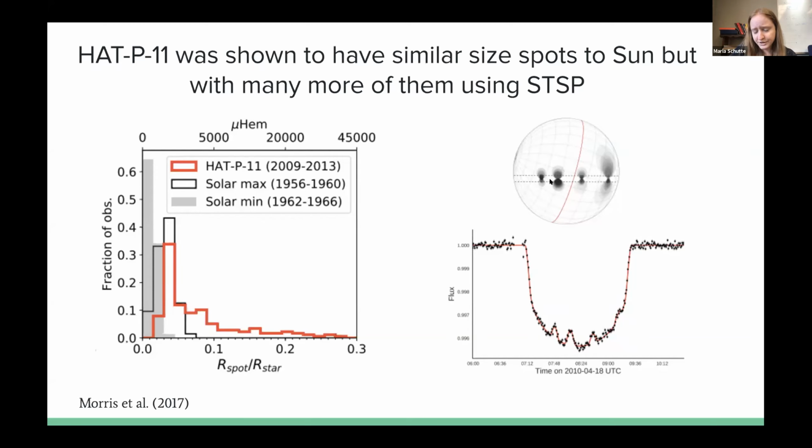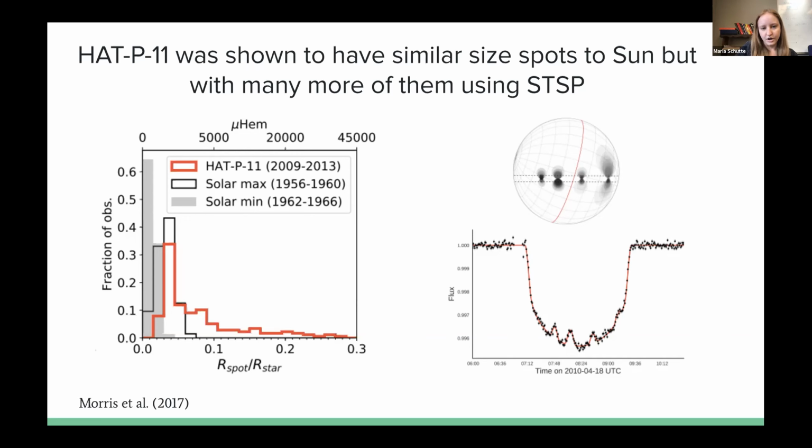And as you can see in this sphere plot up here, each one of these spots corresponds to a bump in the light curve. Overall, what they found for HAT-P-11 was that the radii of these spots or spot groups were similar to solar maximum, but there were many more of them, and the full extent extends much farther than for solar maximum size spots.